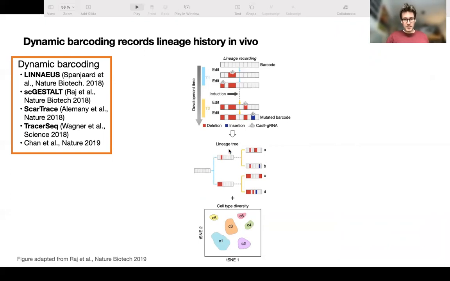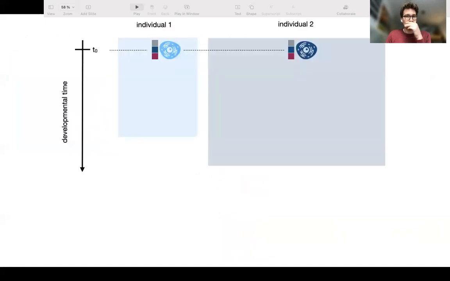And in the end, you get something like this. So for every single cell, you get this mutated barcode with different indels. And from there, you can reconstruct a lineage tree. This is true for all of the methods here over on the left, except for TracerSeq, which works a little bit differently. And I'm not highlighting mitochondrial lineage tracing here because we don't have an application example for that in this talk, but the method works also for this setting.